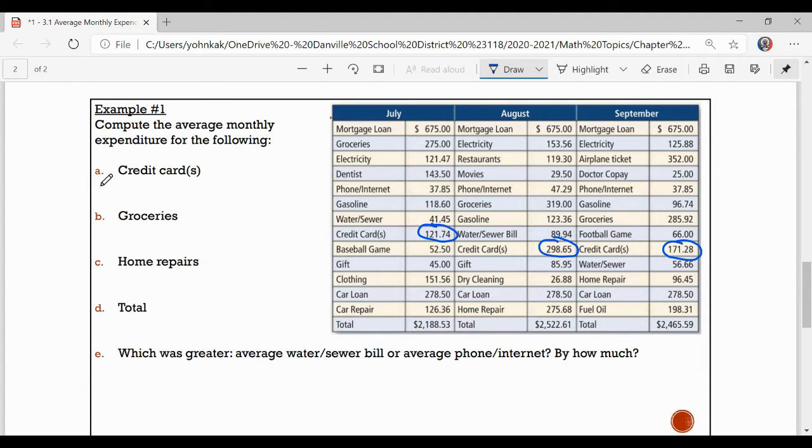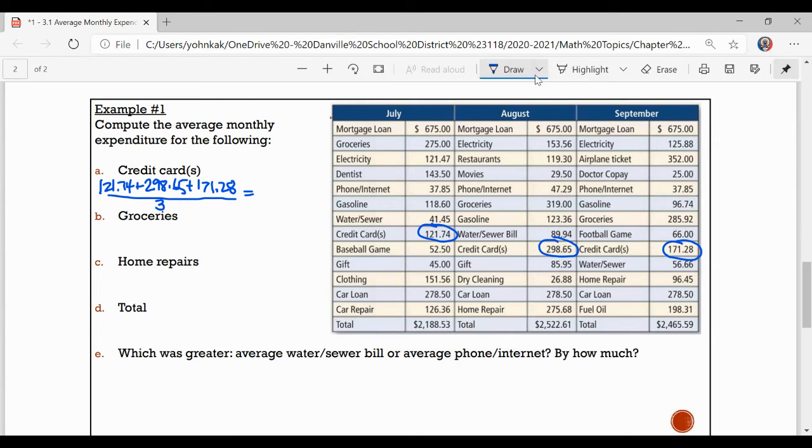So I need to add those three numbers up, 121.74 and 298.65 and 171.28. Then I'm going to divide by 3.